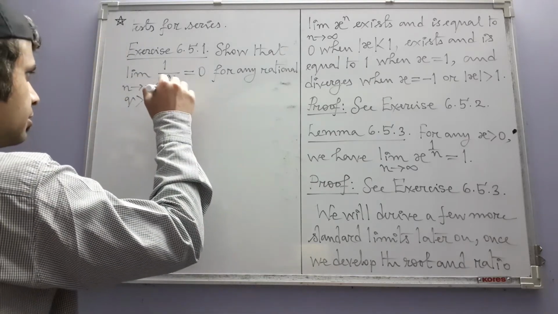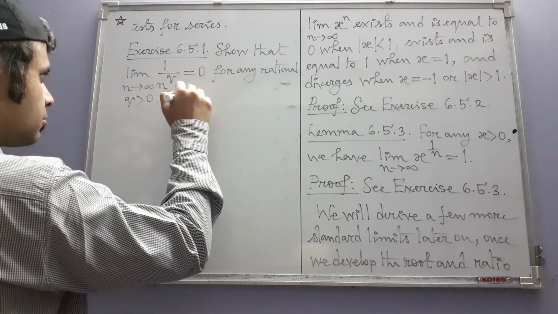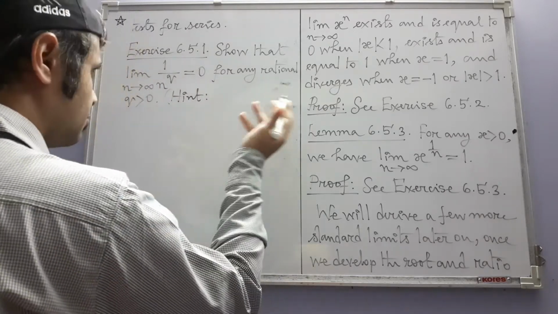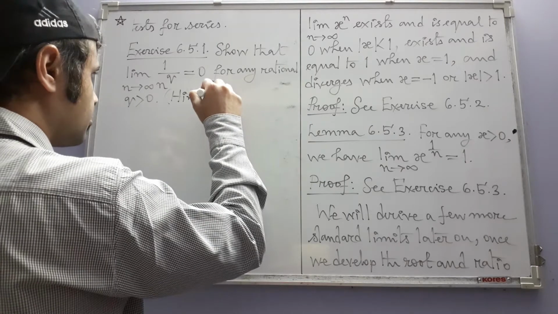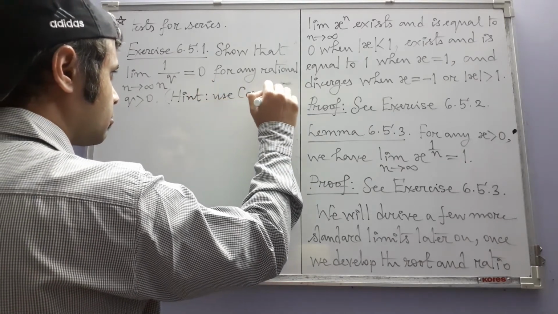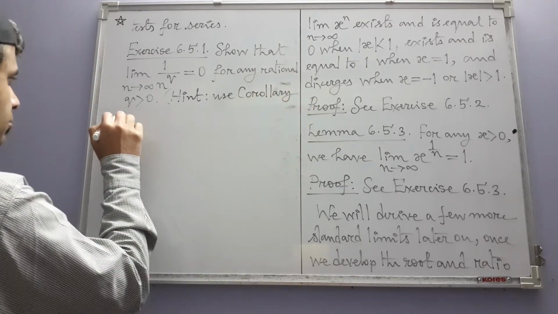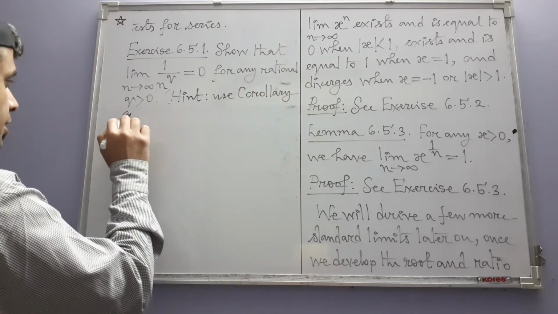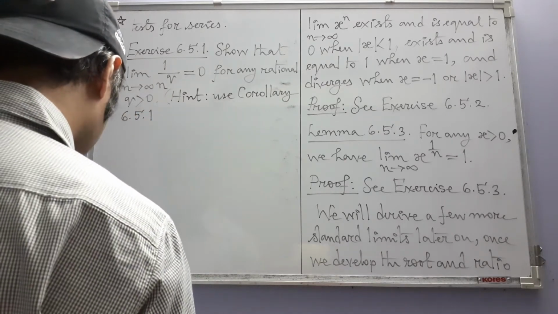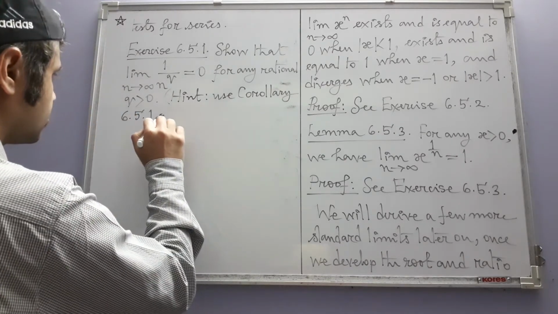There is a hint. Use corollary 6.5.1, of course, yes. Sorry, 6.5.1, not 6.1.5. And the limit laws.